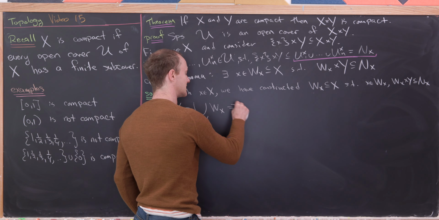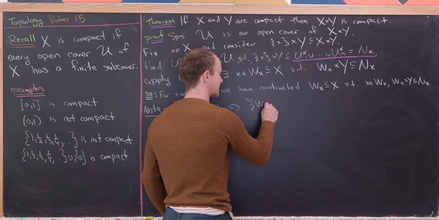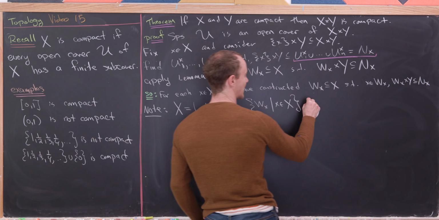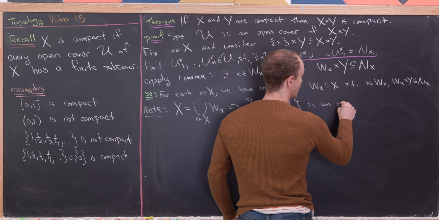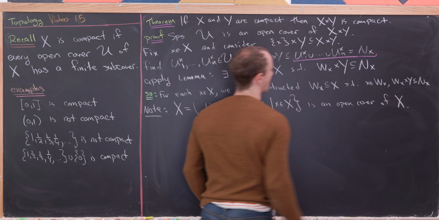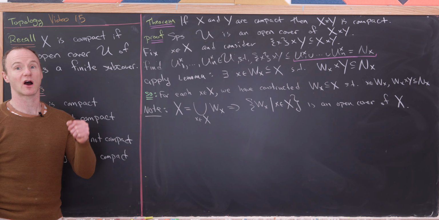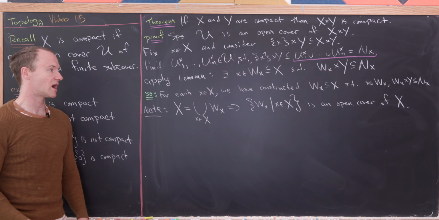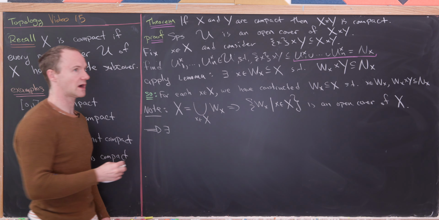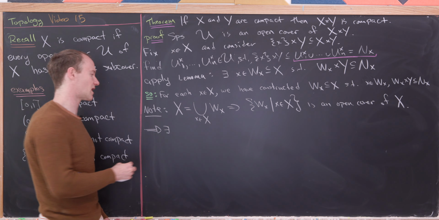But what does that tell us? Well, this collection, W sub x as x ranges over all of capital X, is an open cover of our topological space X, which we are assuming to be compact. That means there exists a finite subcover, because X is compact.